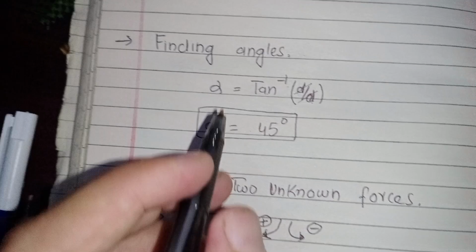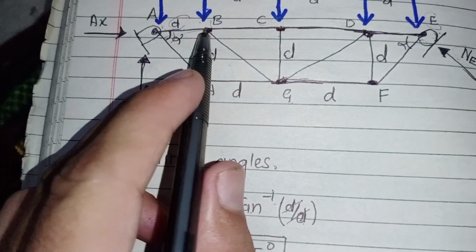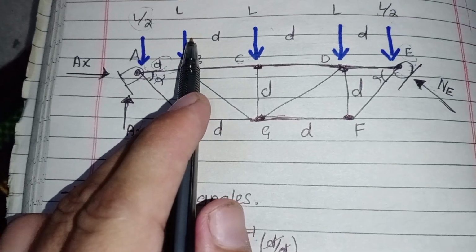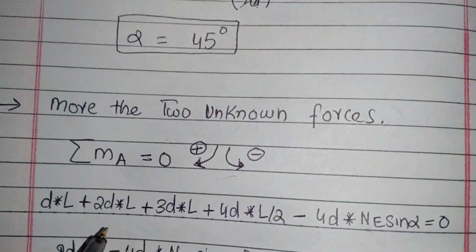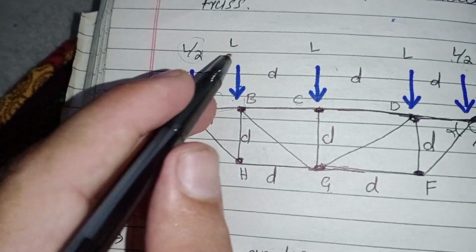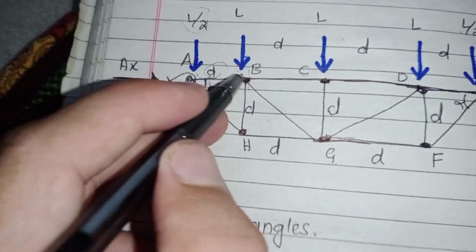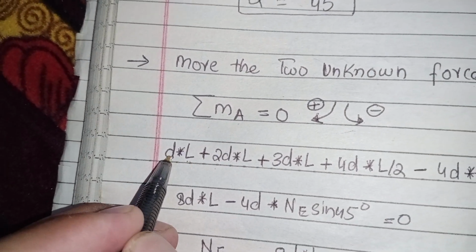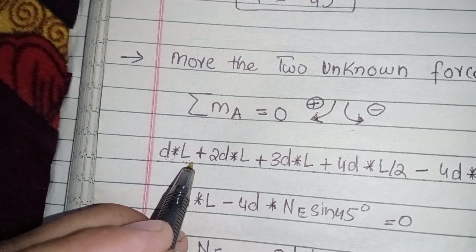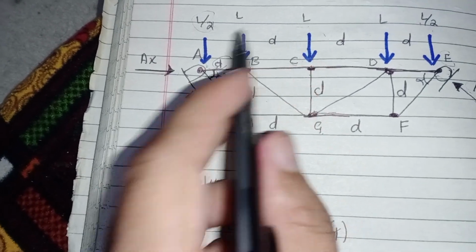You know that moment equals distance times force. The first moment is created by this L, which is L into D, for distance, plus 2D into L.